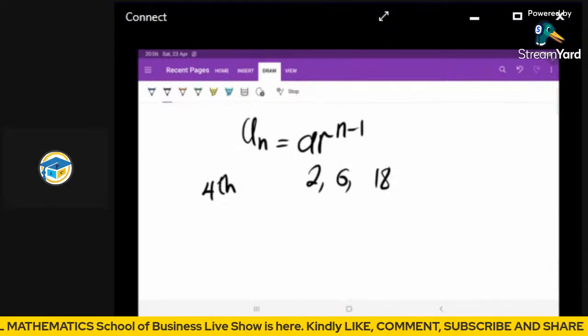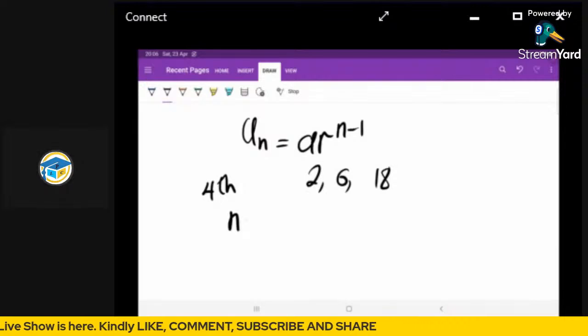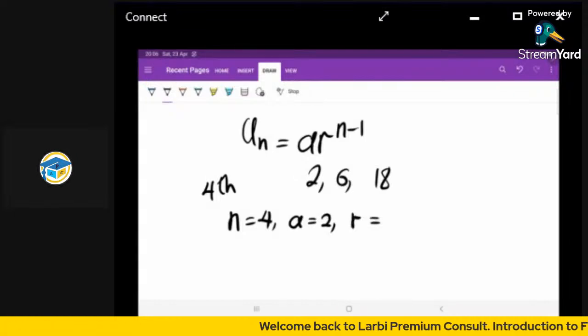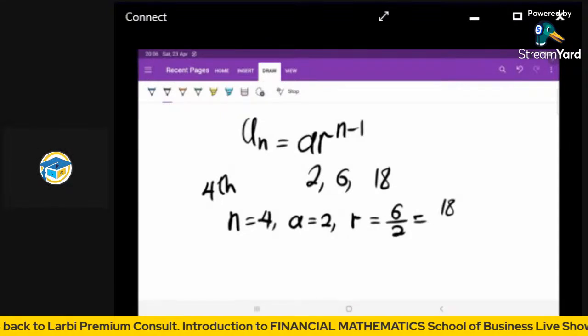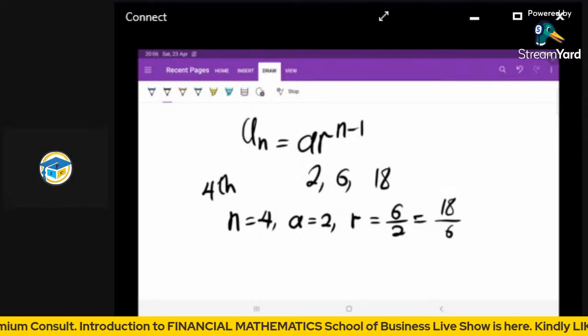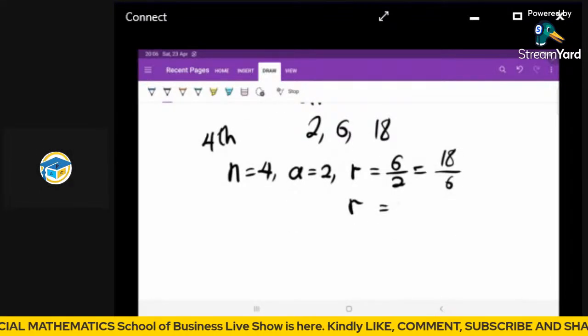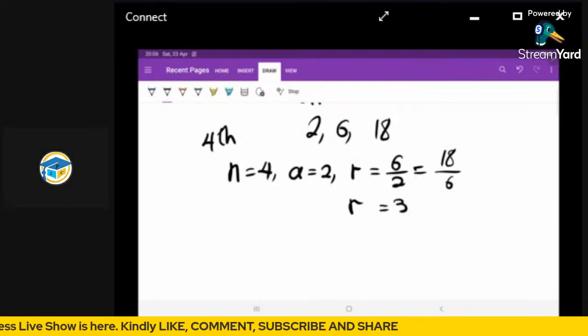To find the fourth term of this sequence is very simple. Here we can say that n is equal to 4, a is equal to 2, and r is equal to 6 over 2, which is the same thing as 18 over 6. So we can say that r is equal to 3, because 6 divided by 2 is 3, and 18 divided by 6 is 3.